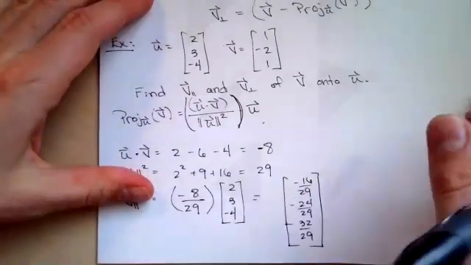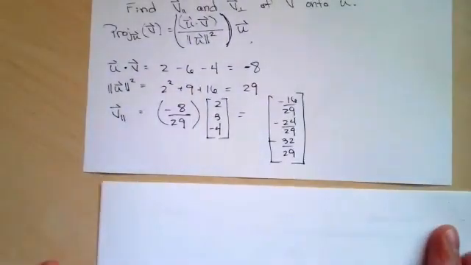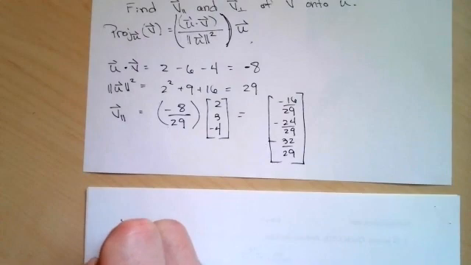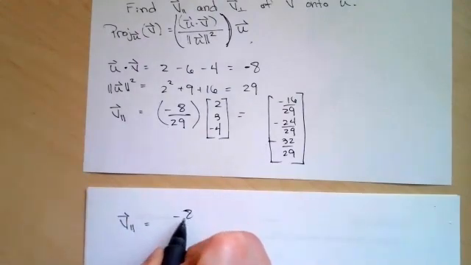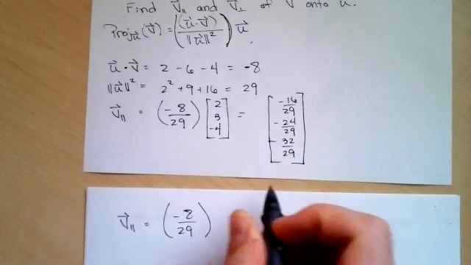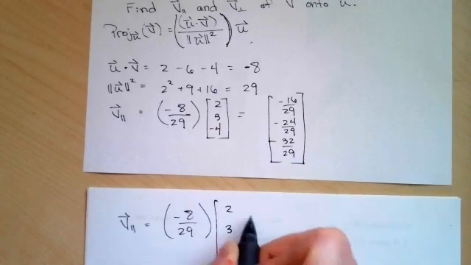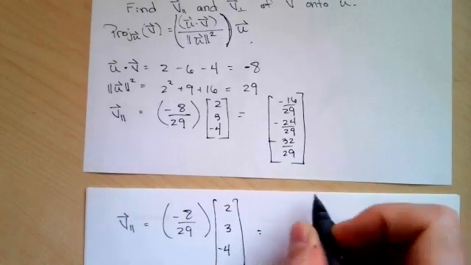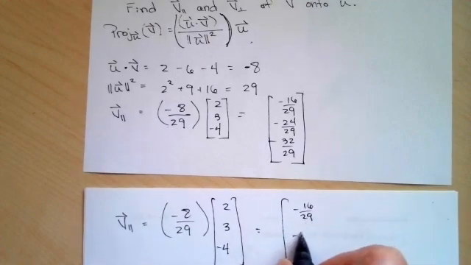So running out of space on this page, let's try to write it on our next page. So we had the parallel is minus 8 over 29 times 2, 3, negative 4. And so that's equal to minus 16 over 29, minus 24 over 29, and 32 over 29.